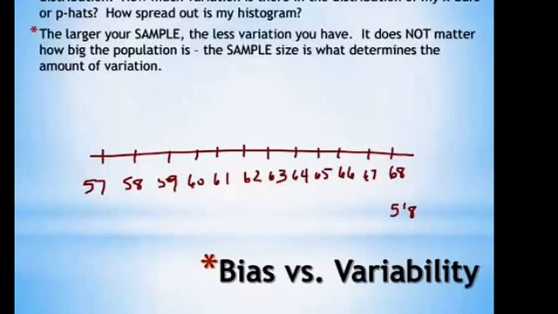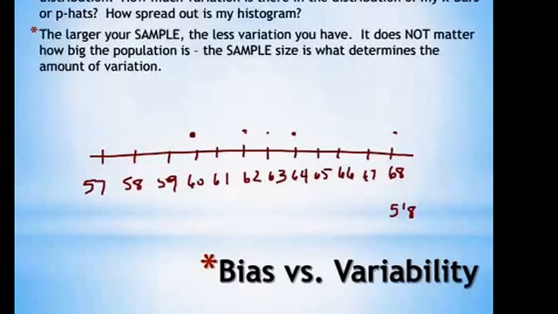I know I could have someone a lot taller than that, but let's say these are high school females. And I take a sample of 5. So I have 1, 2, 3, 4, 5 people. That looks very spread out.